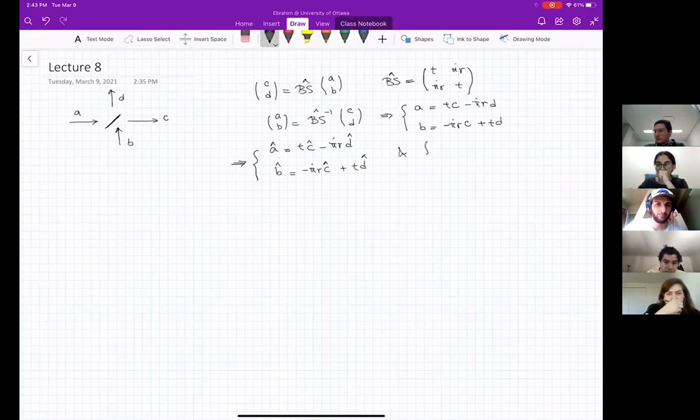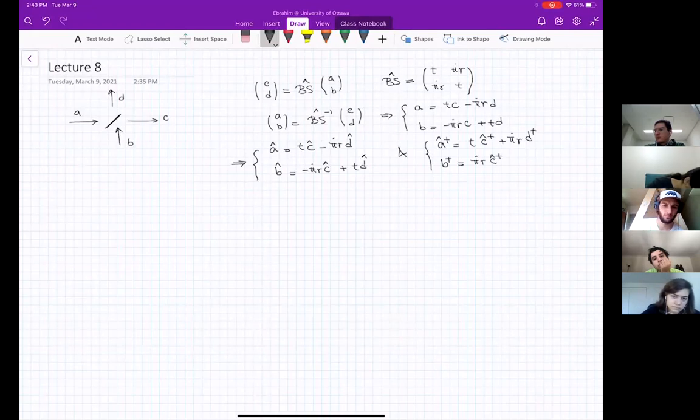And of course, we know what's going on with the creation operator, which is the complex conjugate of that. So you will have T C dagger plus I R D dagger, as well as B dagger is equal to I R C dagger plus T D dagger.